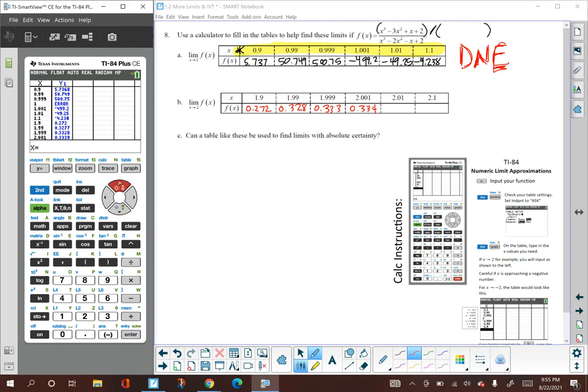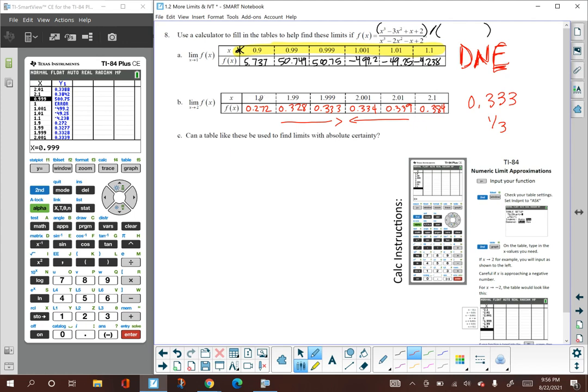Oh, maybe it will only let me type in, I'll go back up to the top. 2.01, 0.339, and 2.1, 0.384. So in this case, you can see that if you're looking at the left side and the right side, it does look like they're converging to 0.333, or maybe even you're like, that sounds like 1/3 to me.